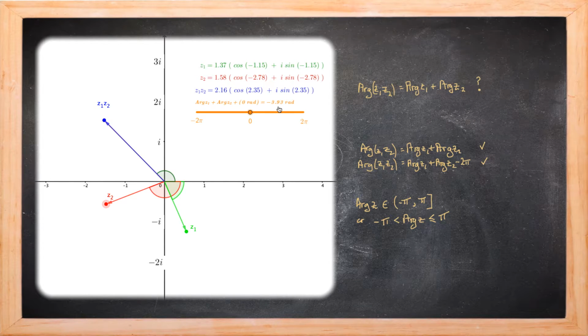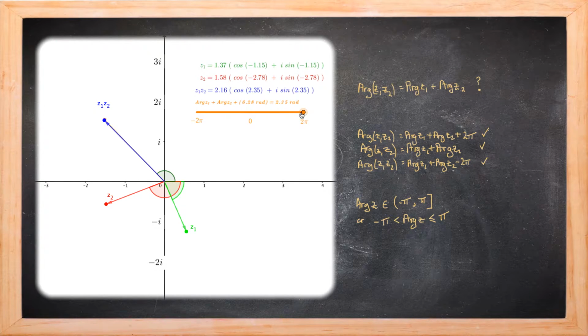So what do we do to get that back up to 2.35? Well, we add a positive rotation of 2 pi until we get back to z1 z2. So here we have principal value of z1 plus principal value of z2 plus 2 pi, and we get the principal value of the product.